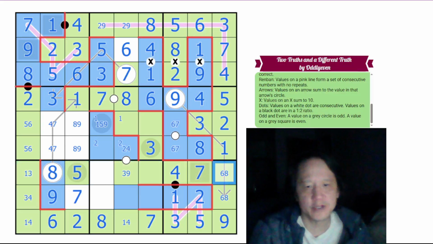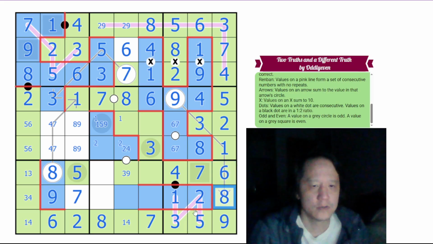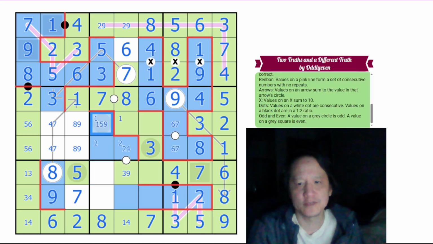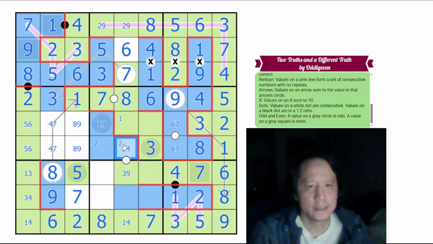This 8 eliminates 8 here, so it's 6 and 8 here. This 5 eliminates 5 as a possibility there. Remaining digits in row 8.